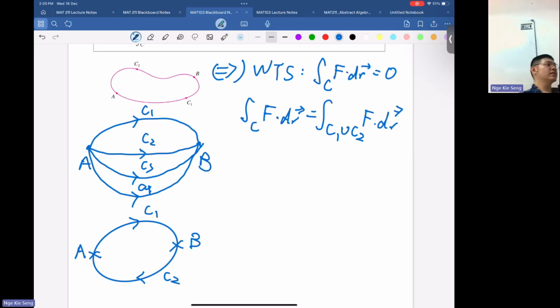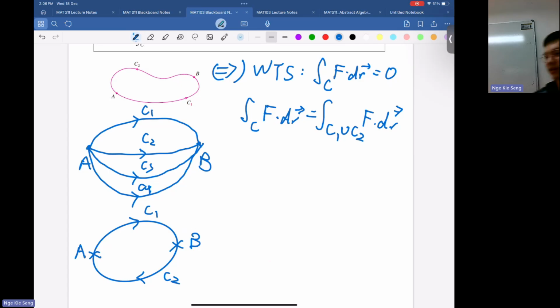But what did we show for the property of line integral? If our domain is a union of two paths, we can split, right? What's that property called? Additivity, right? Additivity of line integral, because the intersection between these two curves is just finitely many points.